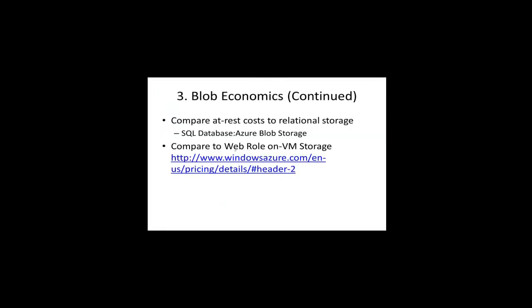And then there's one more. I want to make a particular point here. If you're using cloud services, which have web roles and worker roles, they also come with some onboard storage in the virtual machine.